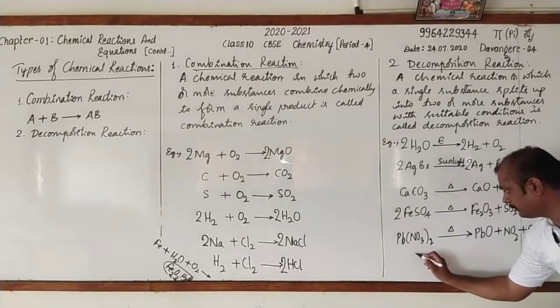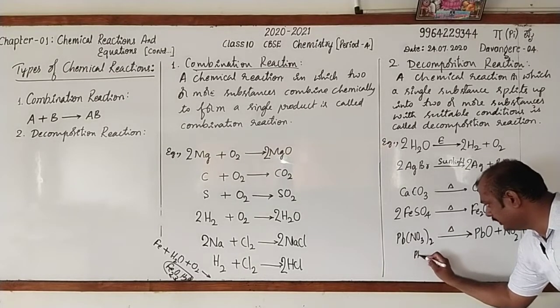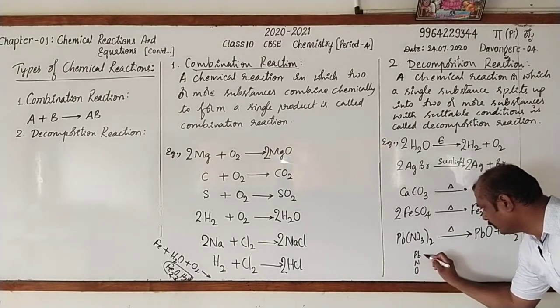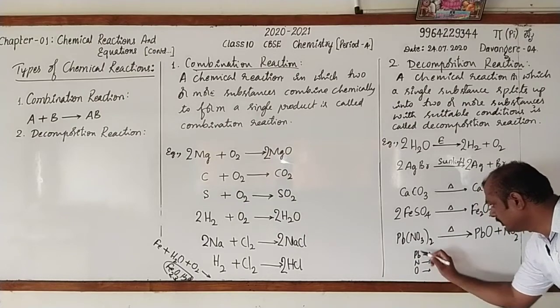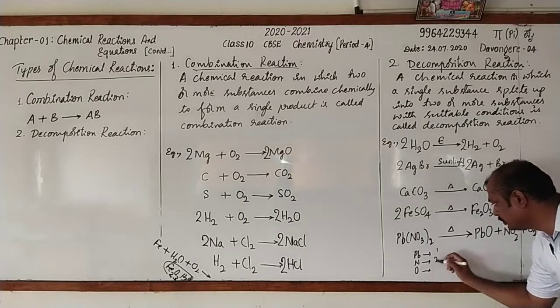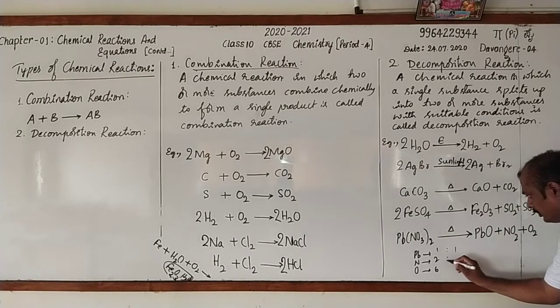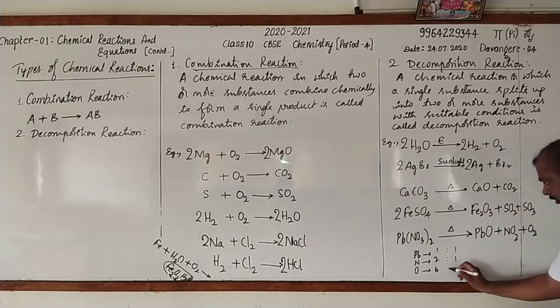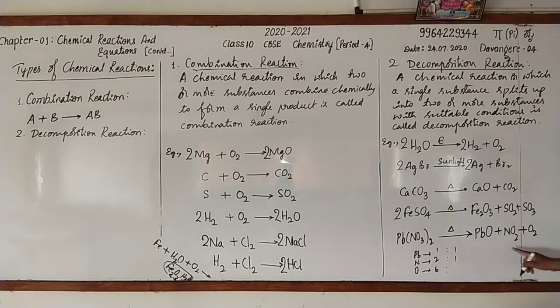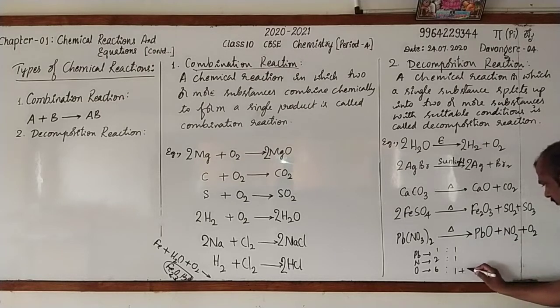By the hit and trial method, we shall try Pb, N and O. Here Pb is 1, nitrogen 2, oxygen 6. Here Pb 1, nitrogen 1, then oxygen 1 plus 2 plus 2.